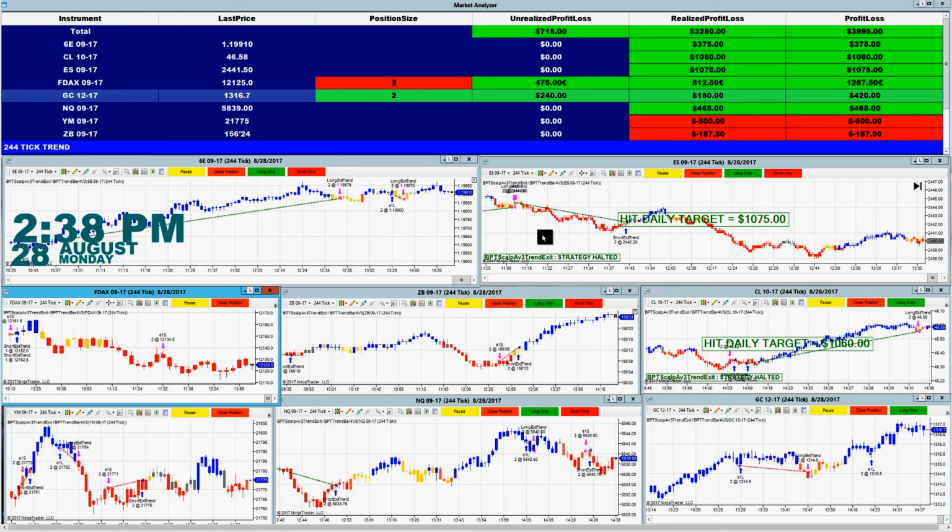Because let's say you have two lots on the ES and you have 50 ticks or 80 ticks of stop loss on a 10 minute chart, two bad trades right after the other can bring serious potential damage to your account. So I notice a lot of traders don't pay attention to the management in an auto trade and what the stop loss is. This is the number one question.